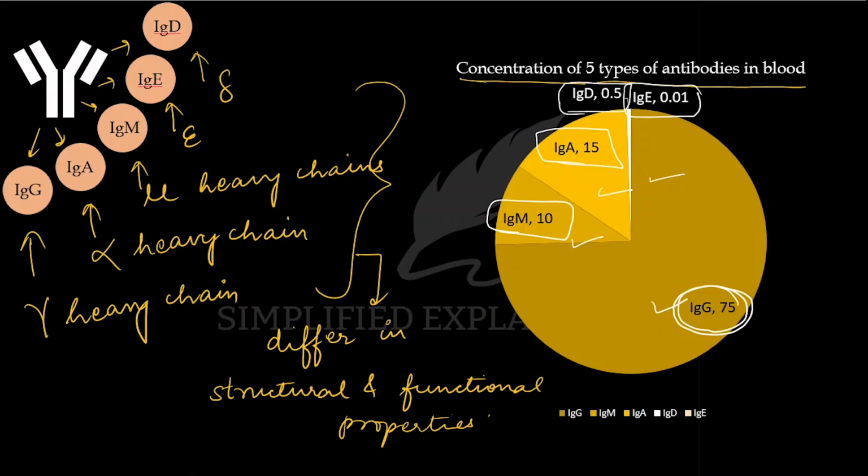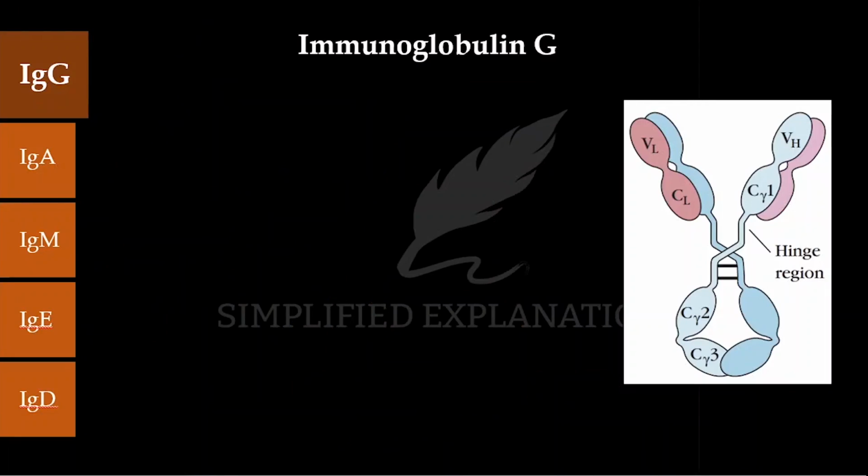So let's start with the first immunoglobulin, immunoglobulin G. These are the most abundant, as we have seen in the graph.